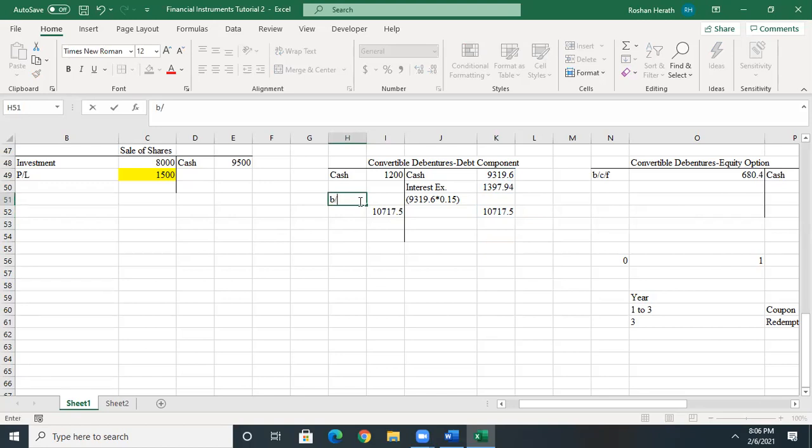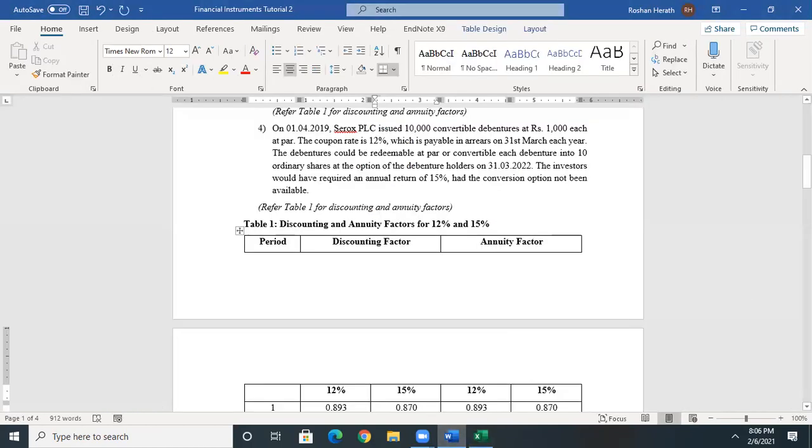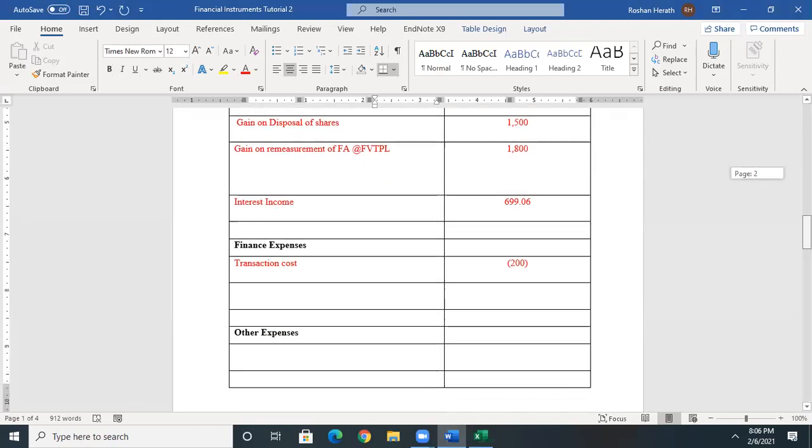So here we get the balance carried forward. This is it. 9,517.54. 9,517.5.